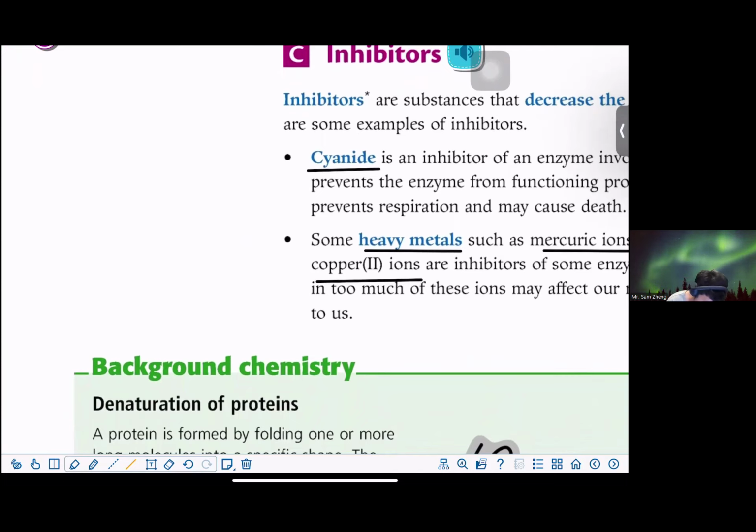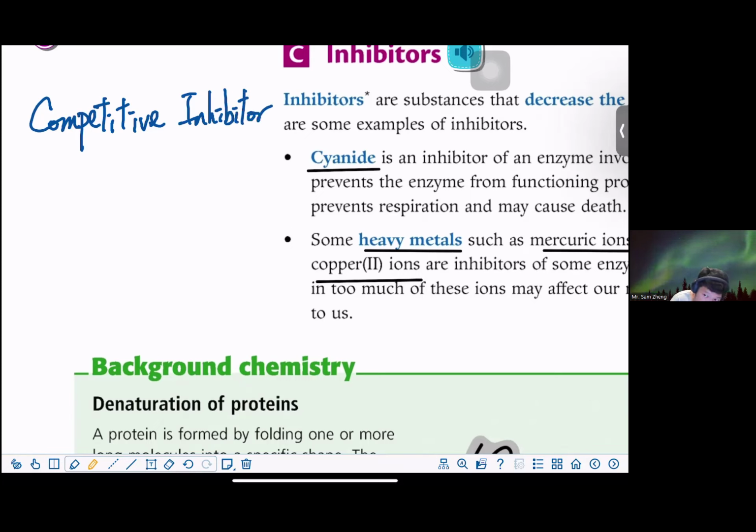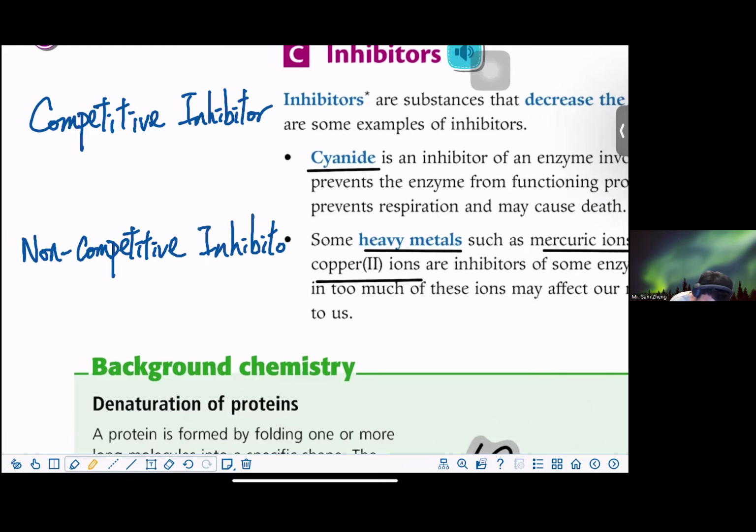The first one we call the competitive inhibitor. And there is another type, we call the non-competitive inhibitor. So what do competitive inhibitor and non-competitive inhibitor mean?